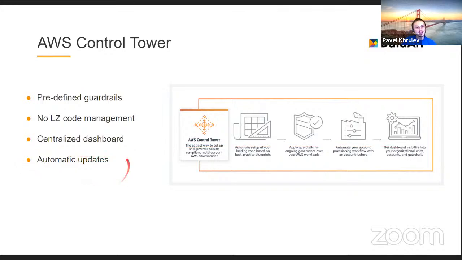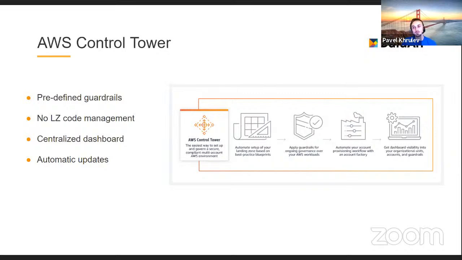And also, it has automatic updates, because when you use a landing zone, best practices improve, and there is a new version of the landing zone that AWS provides. Templates are updated, and AWS releases the new version of the landing zone. If you don't use Control Tower, you have to update it manually because you manage this code. You have to download the latest version of the landing zone templates.